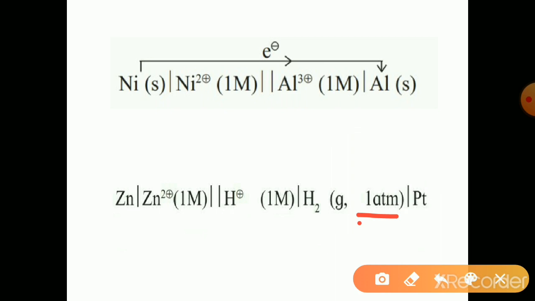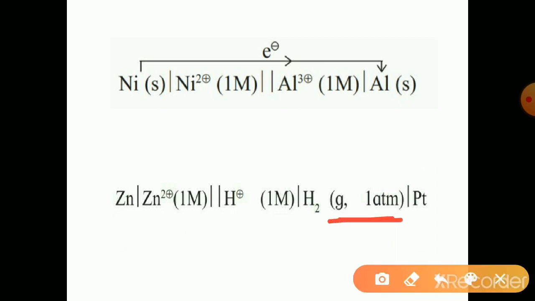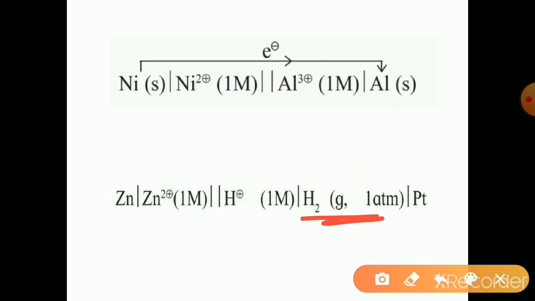So its pressure is written by putting a comma between the state and the concentration, that is gaseous, one atmospheric pressure, and this is indicated exactly beside the gaseous species in the bracket. And this reaction takes place on the inert electrode, that is platinum.